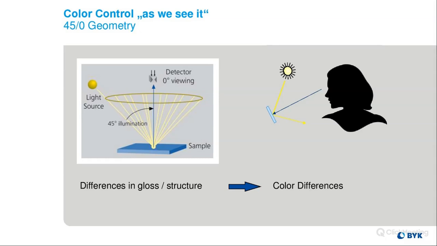And then we view it at 0 degrees, and that's where the sensor is located inside the instrument. And so we avoid that direct gloss showing onto the sensor, which reflects exactly how our eyes see. So with this instrument, a difference in gloss and structure is going to equal a color difference for us. And that's why it's said 45-0 as we see it, because it's going to determine the color exactly how we'll perceive it with our eyes.